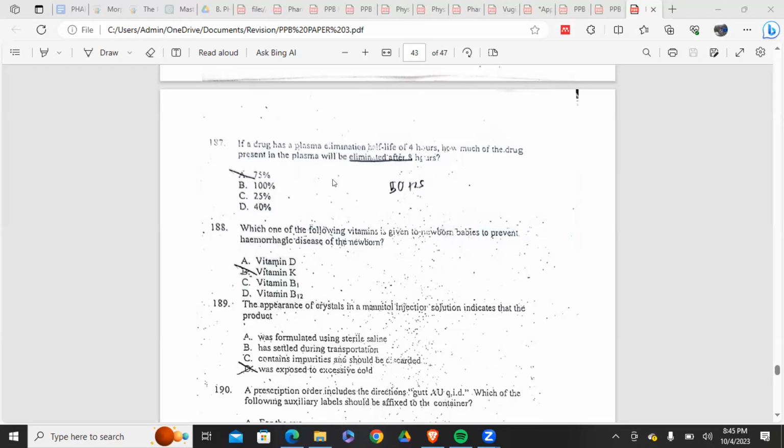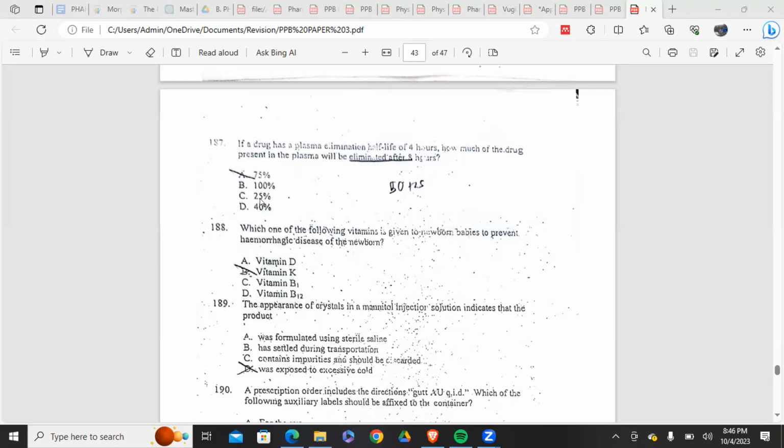Please explain your formula. He used logic, not a formula. Half-life is the time taken to reduce the plasma concentration to half.